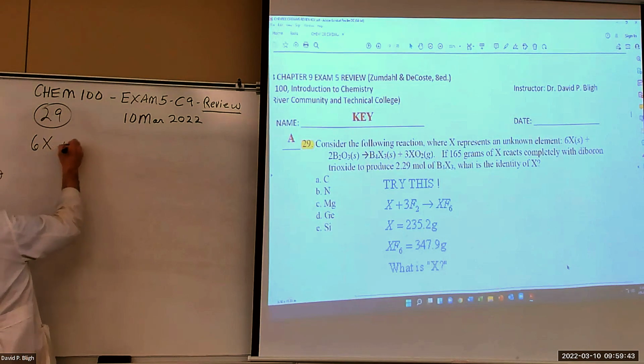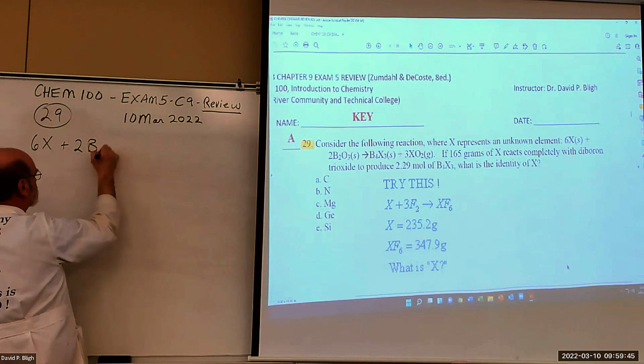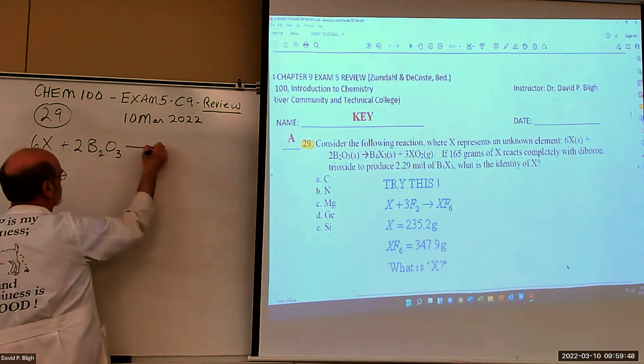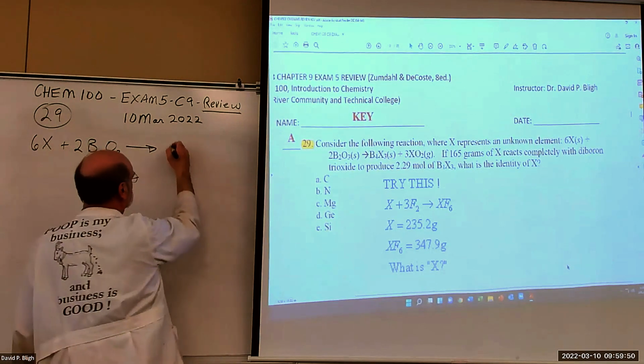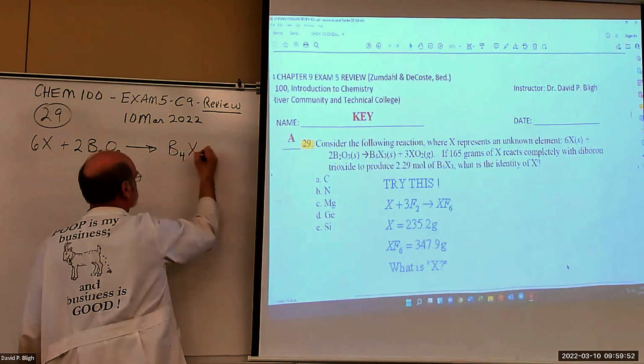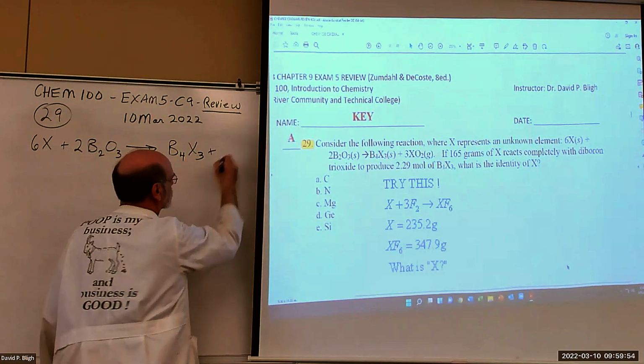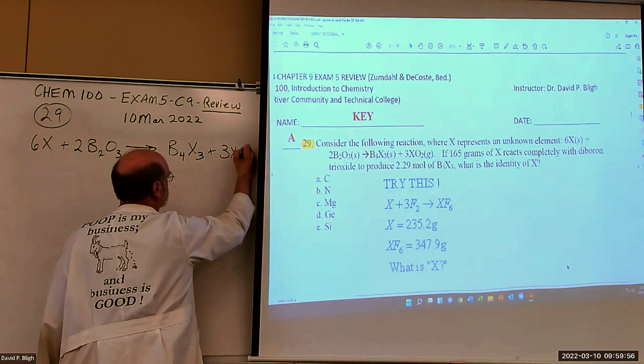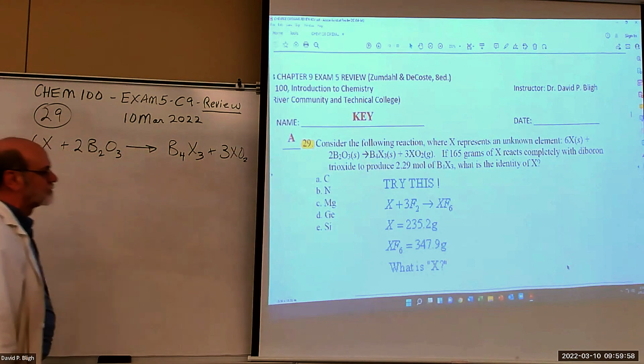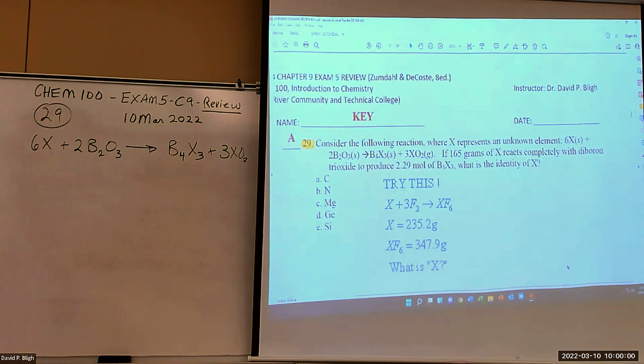6X plus 2 B2O3 equals B4X3 plus 3XO2. There we go. Now, the question is, what's the identity of X?